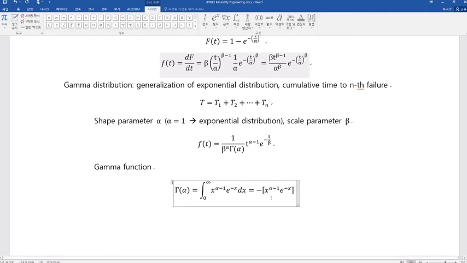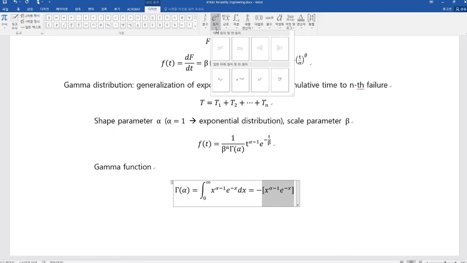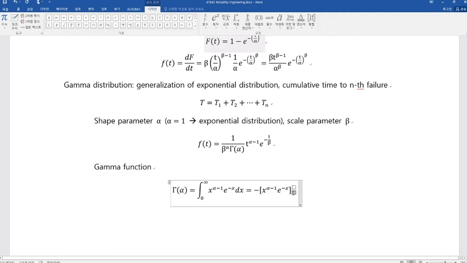Minus x to the alpha minus 1 exponential minus x, that is the result of integrating this part, and the integration should be performed from 0 to infinity.